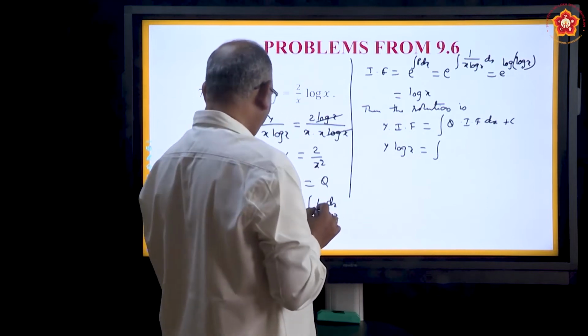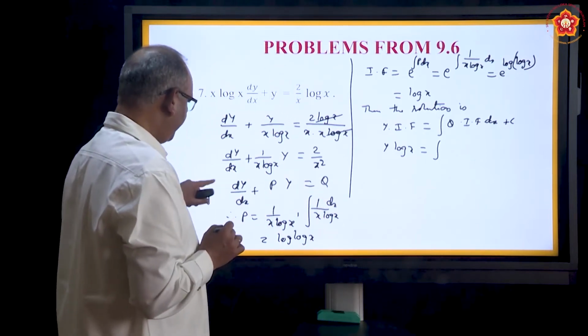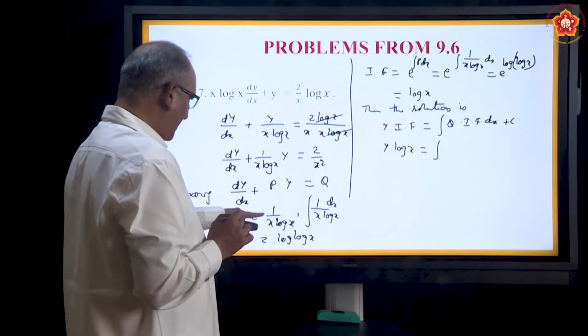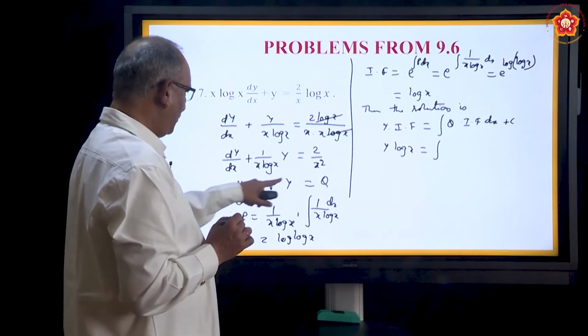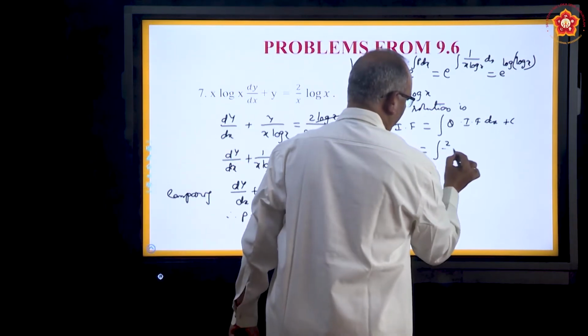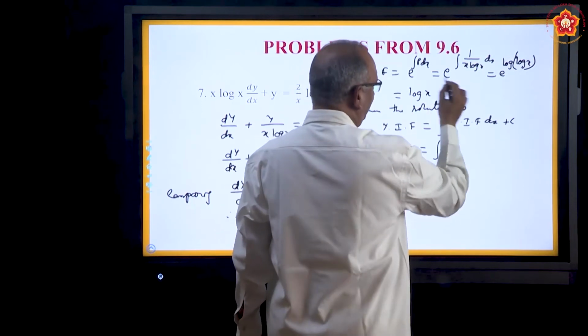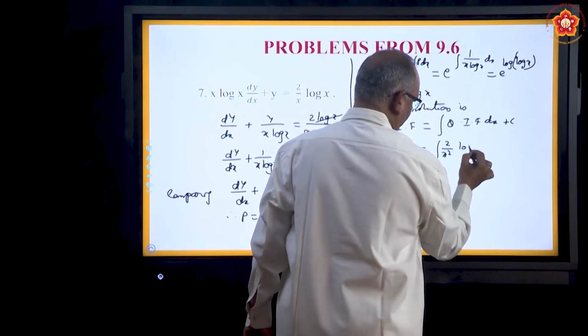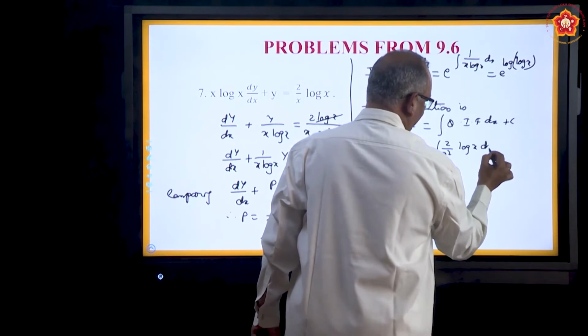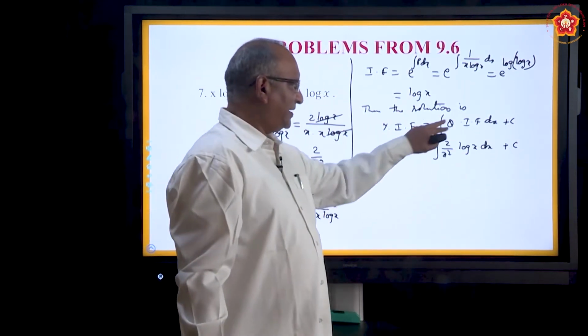What is q here? We have identified p, and q is nothing but 2 by x square. So, 2 by x square into log x dx plus c. Now, the main task is to integrate this.